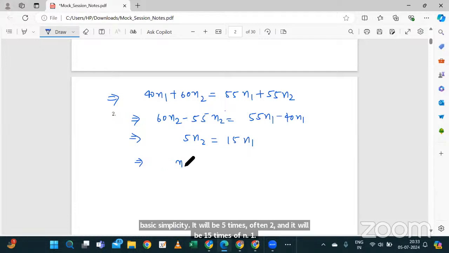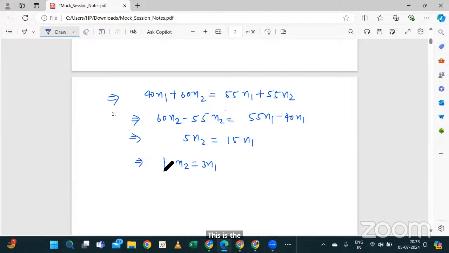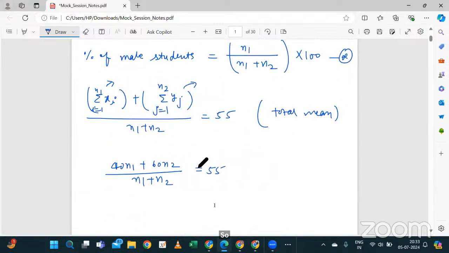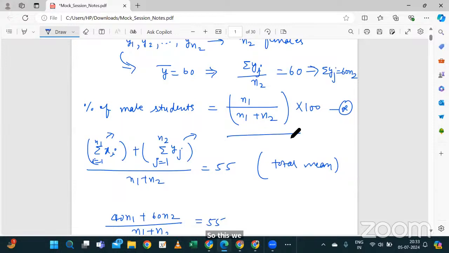I will get n2 as 3 times n1. This is more than enough, because I can put this in the equation.